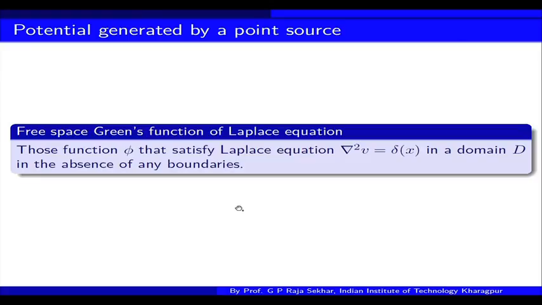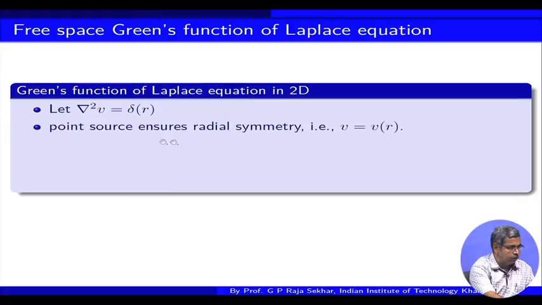So, we have to consider the corresponding solution. So, we consider this, and as I indicated, point source has a radial symmetry, that means only the impact is along the radial direction. So, therefore, it ensures that V is function of r. Okay.